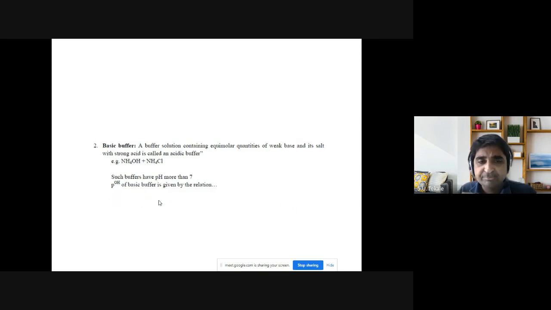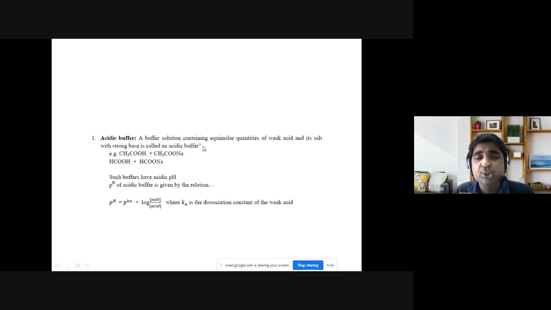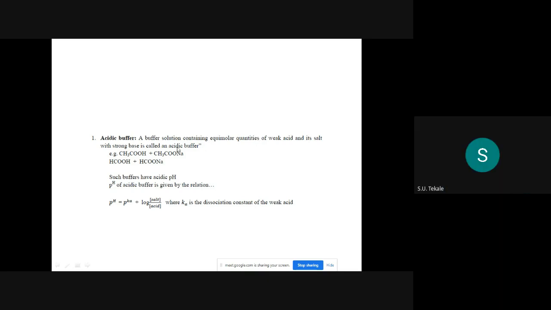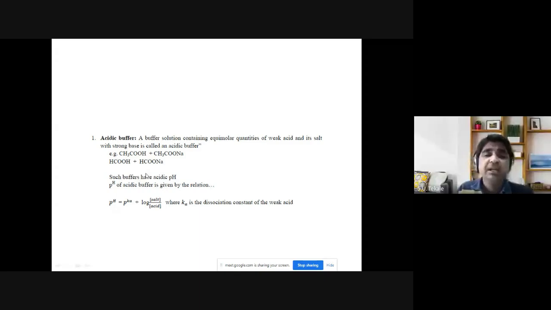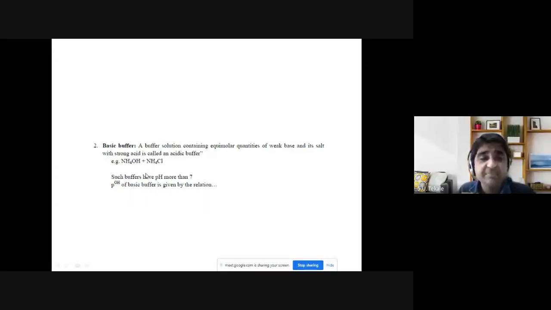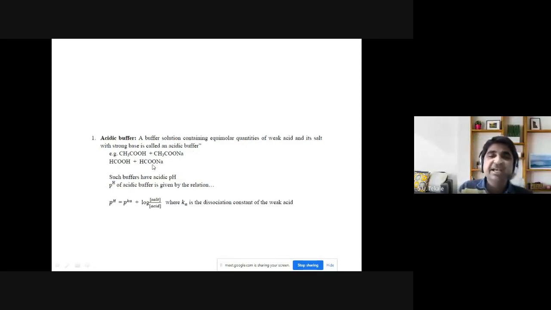Let us look at it. As we know, an acidic buffer is an equimolar solution containing equimolar amounts of weak acid and its salt with strong base. Now a basic buffer is a solution containing equimolar quantities of weak base and its salt with strong acid. See, the definition has been reversed now.